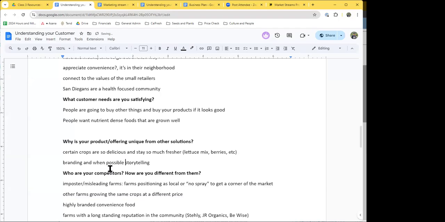Otherwise, you don't have much branding if you're twist tying your kale bunches or something, right? But that is a form of branding. And I do notice that, not just standard organic twist ties, but custom labeled ones.